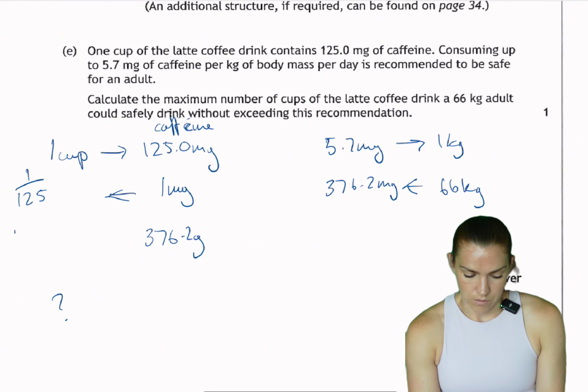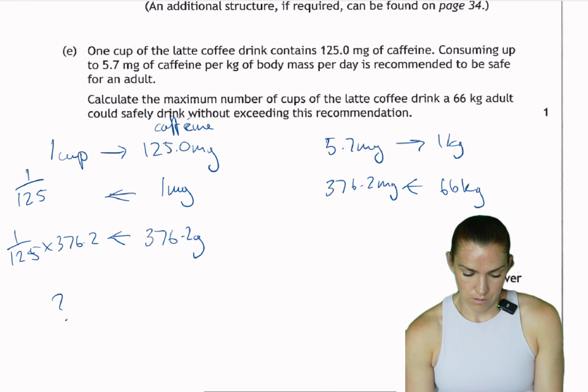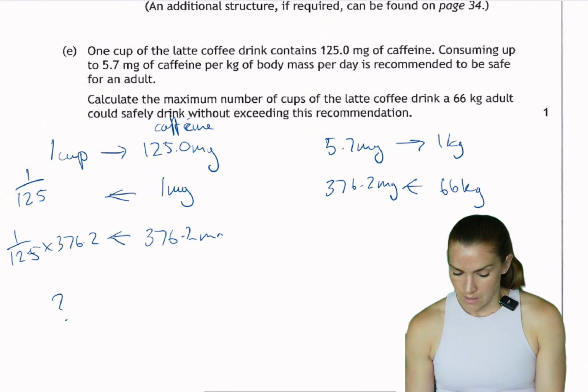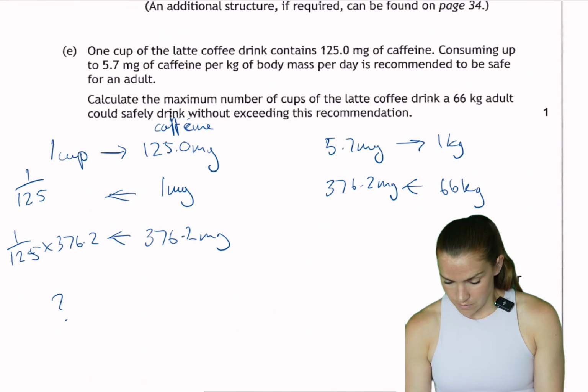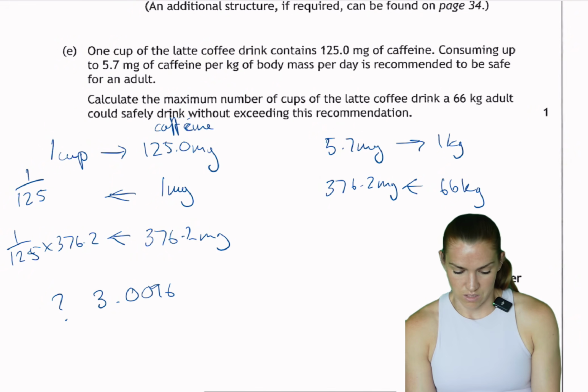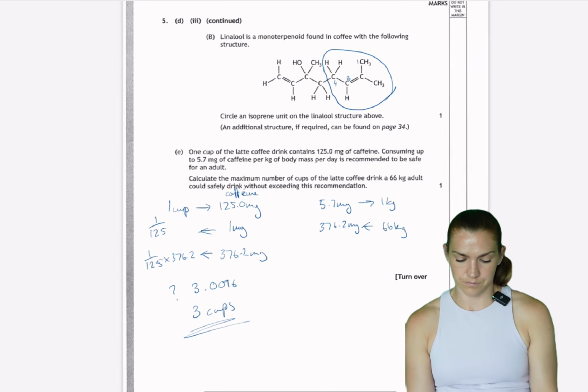So that would be 1 over 125 times 376.2. And I've put grams here rather than milligrams, that's my bad. So if we work that out, that gives you 3.0096, so essentially 3 cups of the coffee they could have.